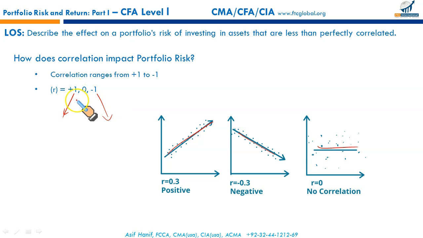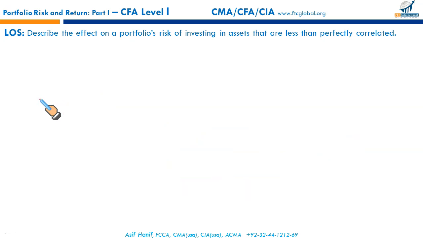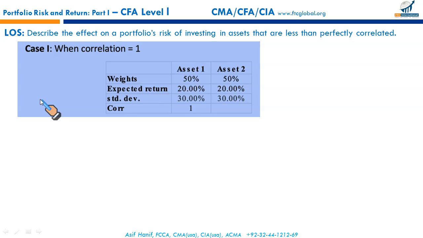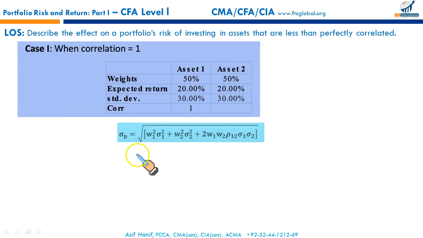But if it falls somewhere between these, when the assets are not perfectly correlated, then you will see that the overall portfolio risk would be reduced, and there will be benefit for diversification. Let us see some examples one by one. Look at this first. Okay, now let us just plug in the numbers here to find the portfolio standard deviation.